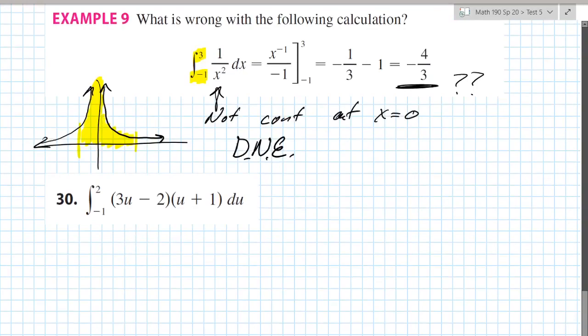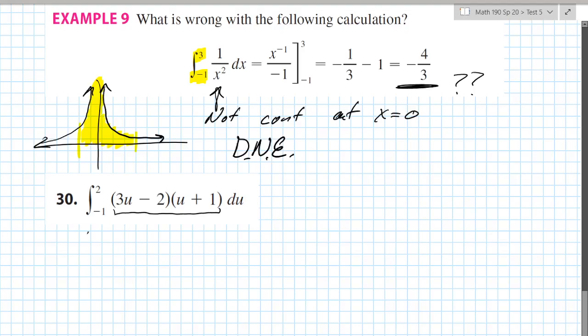Here's our last question, question number 30. And we want to determine the definite integral. Looking at this problem, we're thinking in terms of the fundamental theorem part 2. We're asking ourselves, is this a continuous function?